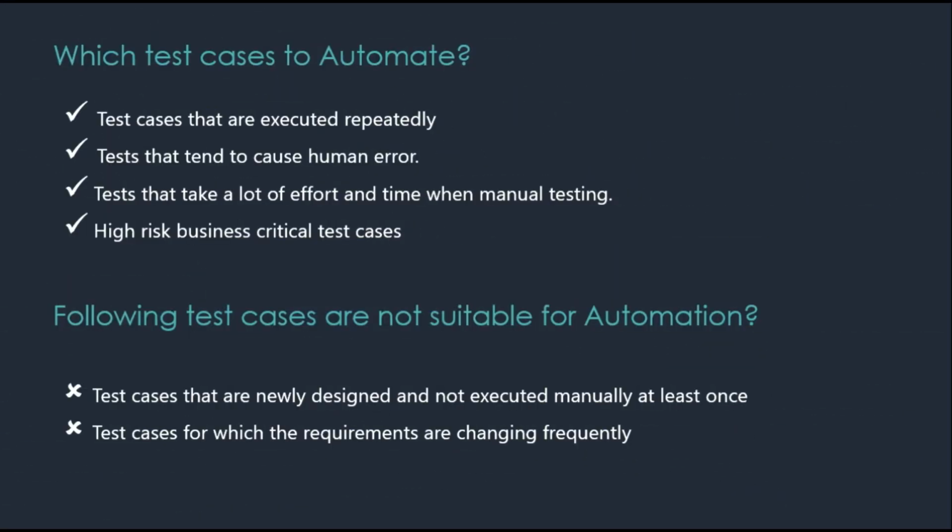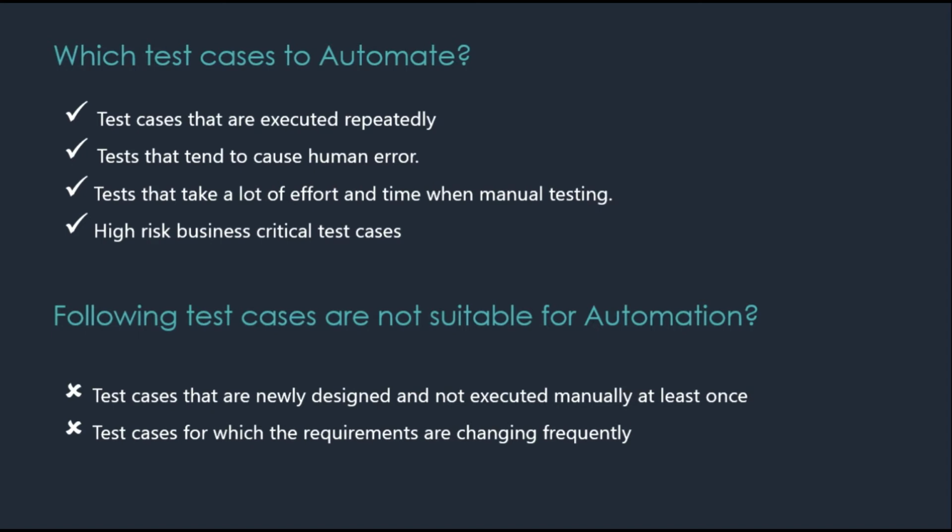Next we are going to look at how to select the test cases for our test automation. Normally we cannot do 100% test automation in any project, so we need to select automatable test cases.